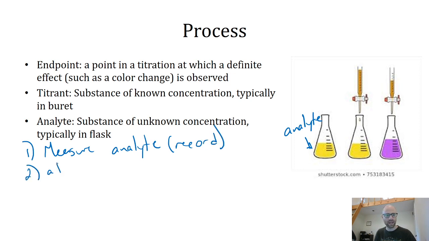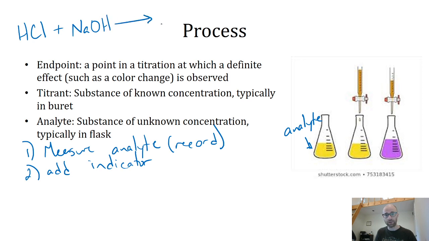Two, add indicator. Since this is an acid-base reaction and we want to know exactly when the reaction is done, we can't tell that with our eyes. For example, in our pretty standard example of a neutralization reaction, if you're just pouring sodium hydroxide and hydrochloric acid together, you've got three options.